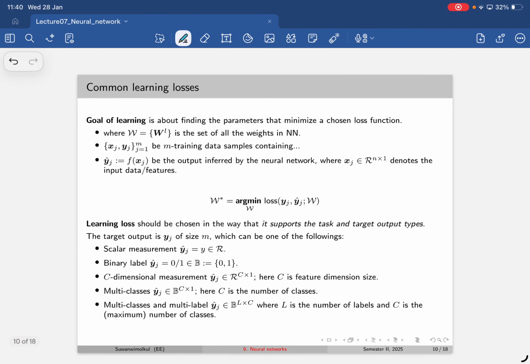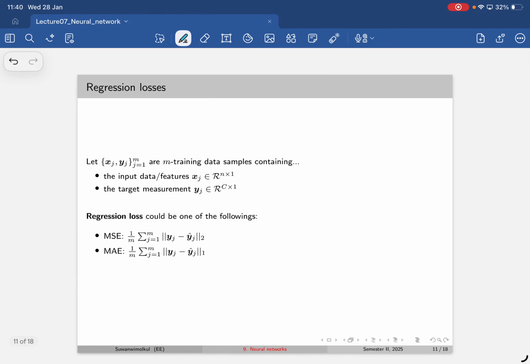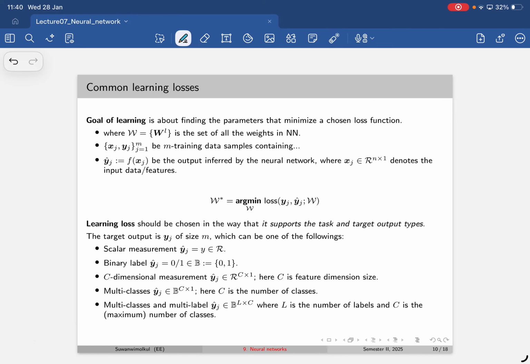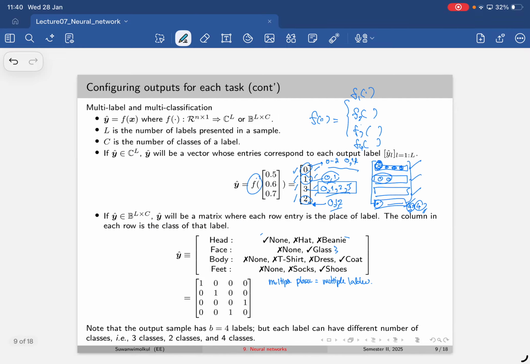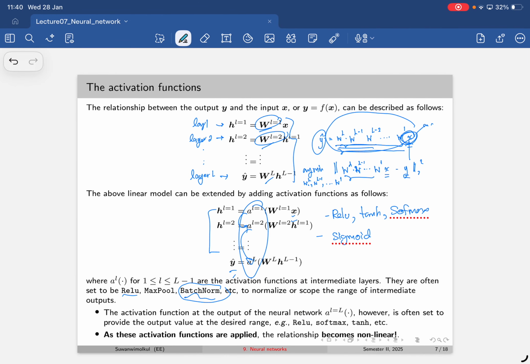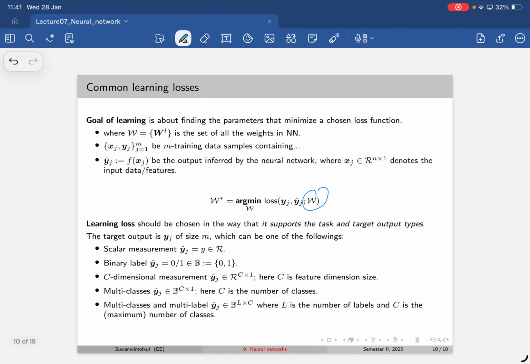All right. So in here we will go through some common learning losses. Don't worry, these are just examples. Let's say we have theta as the weights of the model parameters, something like that. And you have your input that is X, and your target is Y. And your model will give you Y hat.